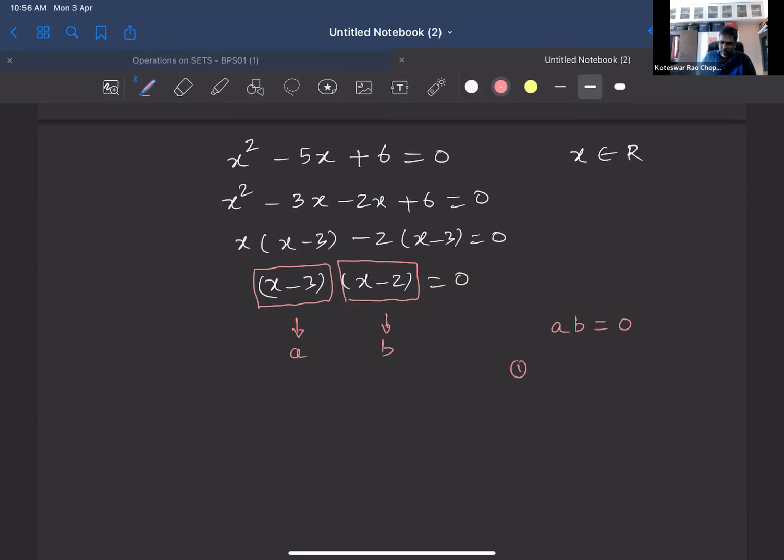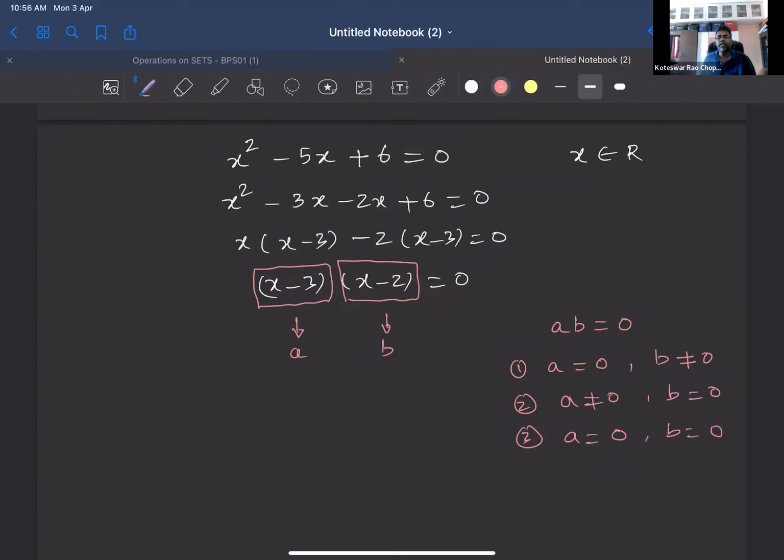Maybe A is 0 but B is not, or A is not 0 but B is 0, or a third case where both are zeros.